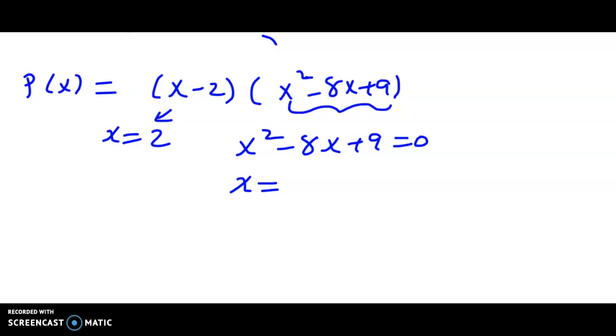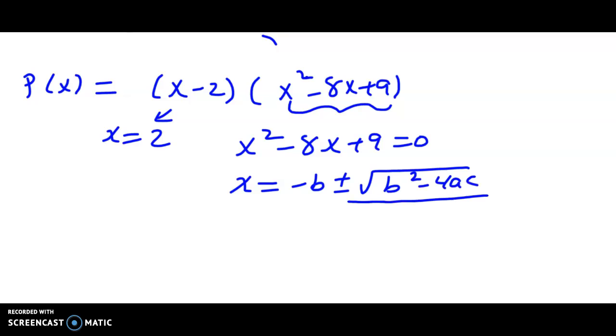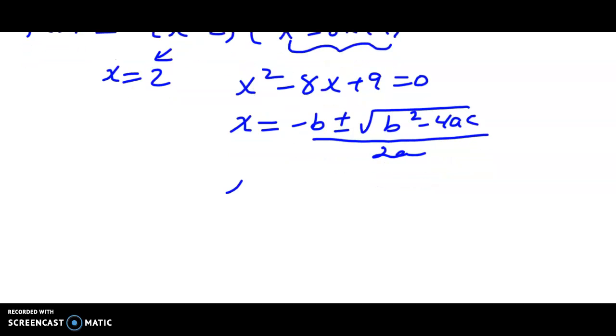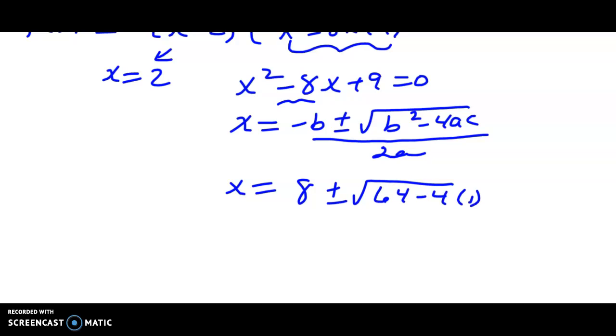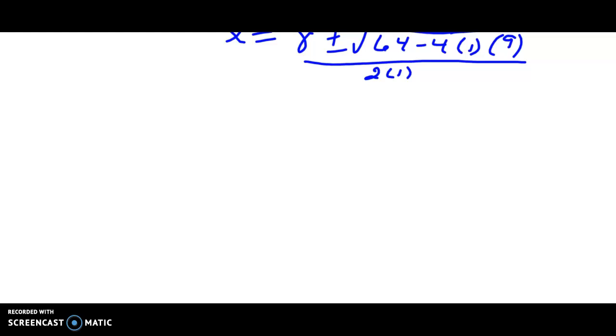So the quadratic formula would be negative b plus or minus the square root of b squared minus 4ac, all over 2a, and then I substitute in my a, b, c. So I would get negative b, which is negative 8, so the opposite of that would be 8. B squared, so 8 squared would give me 64. I know a is 1, and I know c is 9. All over 2 times 1.